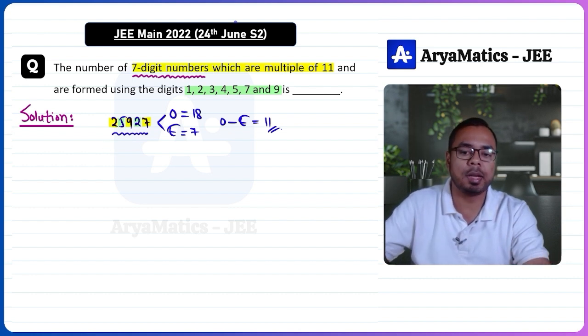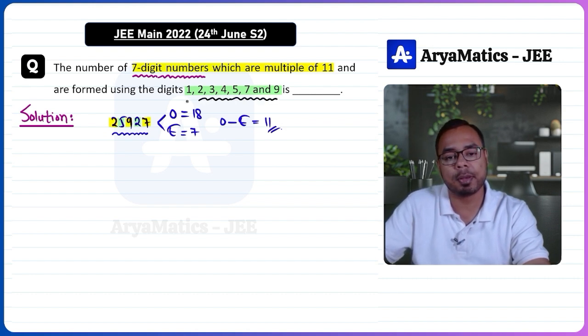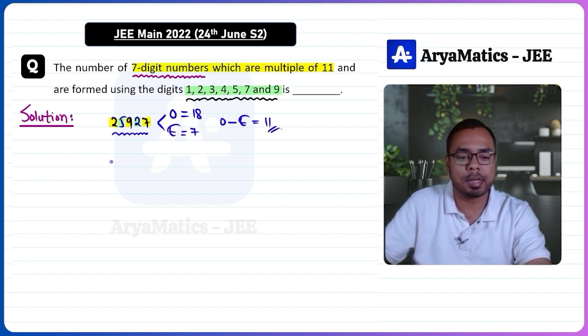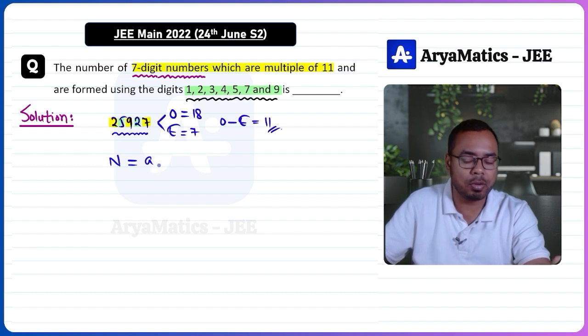So, here we need the number of all 7-digit numbers which are formed using these 7 digits and are multiples of 11. Now, let us say that the 7-digit number is n, and we have A, B, C, D on even places and alpha, beta, gamma on odd places. Or rather, A, B, C, D on odd places and alpha, beta, gamma on even places.